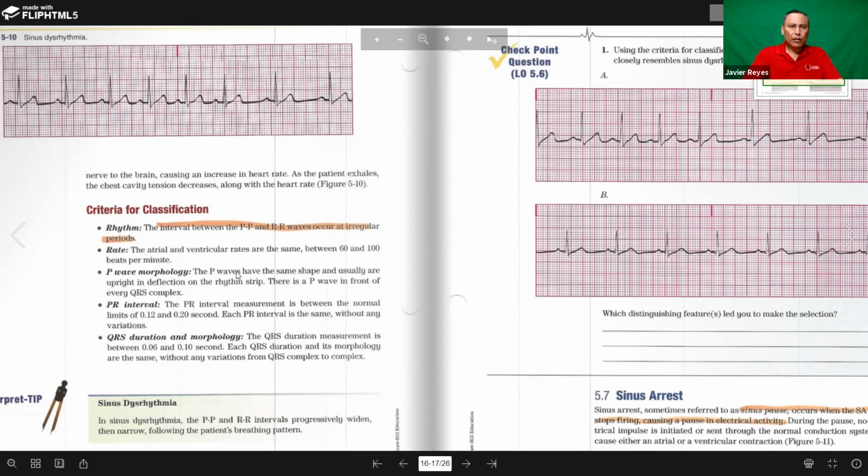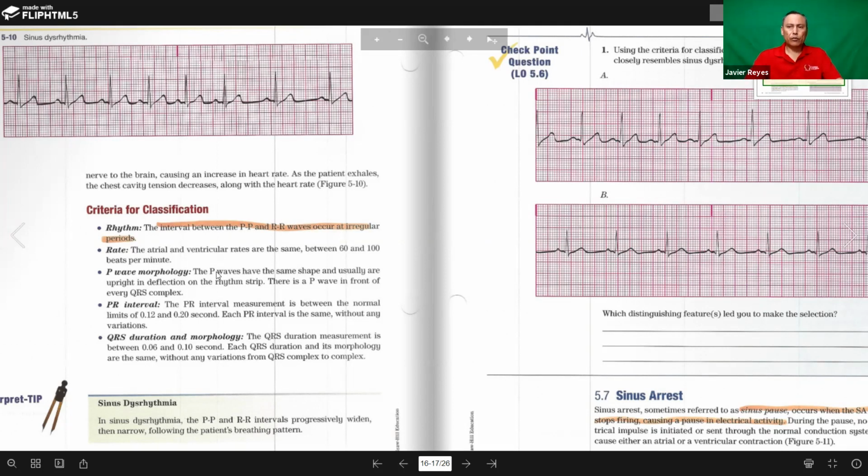Okay, so let's look at the classification real quick. The interval between the PP and RR waves occur at irregular periods. The rate is going to stay normal, between 60 to 100. The P waves are going to be present because it's a sinus. Remember, we call it sinus dysrhythmia, so there's always going to be a P wave present.